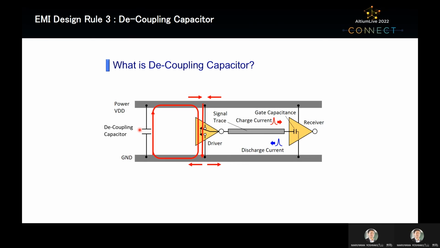The decoupling capacitor can supply the electric charge required for discharge current and feed-through current, preventing noise diffusion near the IC. At NEC, it is our internal rule to place capacitors within 5 mm of the IC pin.